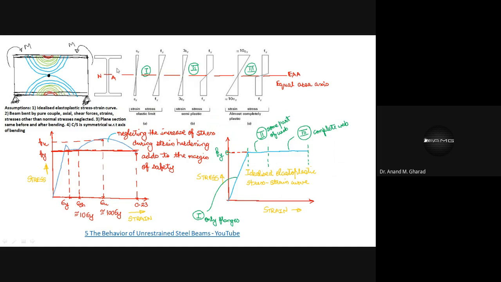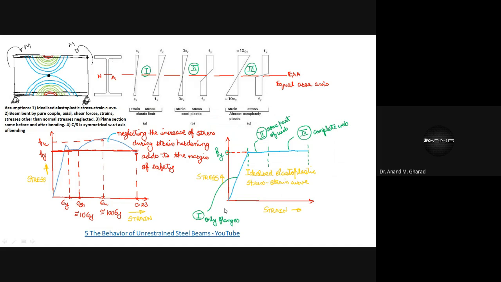Okay. Yes, sir. And what you find simultaneously, if you plot the stress versus strain behavior, so you can see for the first condition or first moment value, the strain value is linear. Okay, why? Because you can expect that only the flanges they are contributing in taking the load or stress.